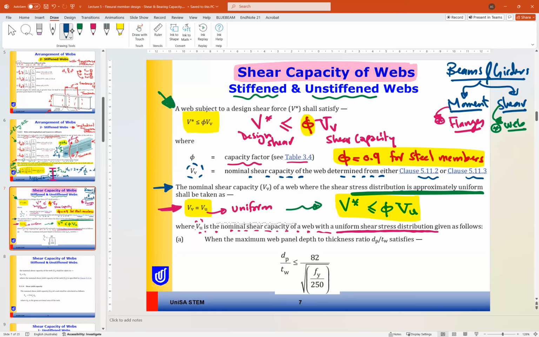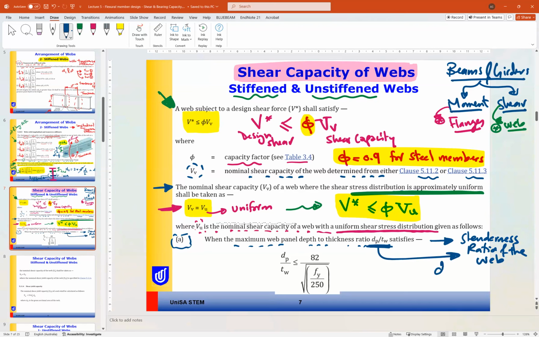So if we have a uniform shear, we have two cases. Case number one, when the maximum web panel depth to thickness ratio, d web over tw, satisfies the formula. So the shear capacity is affected by the slenderness ratio of the web, which is d web over tw.